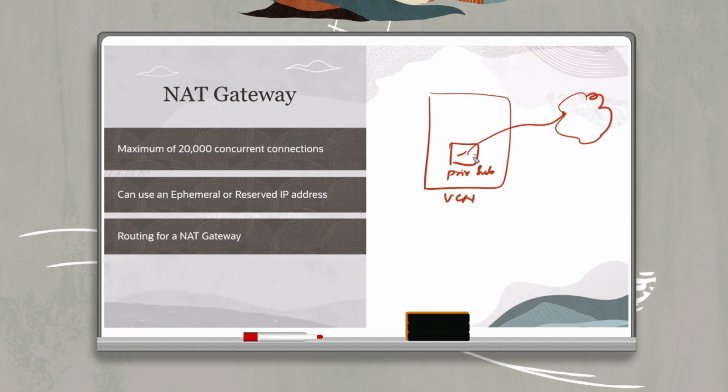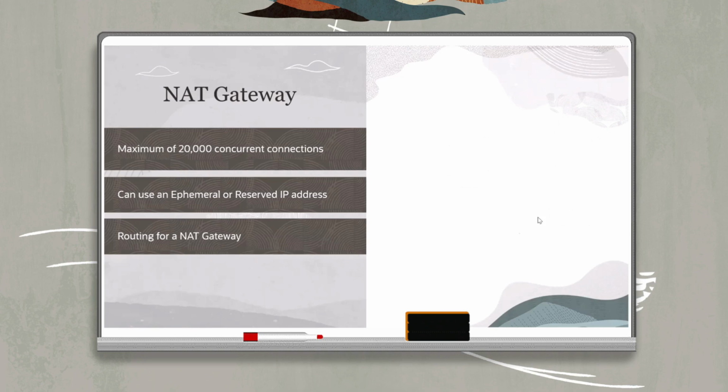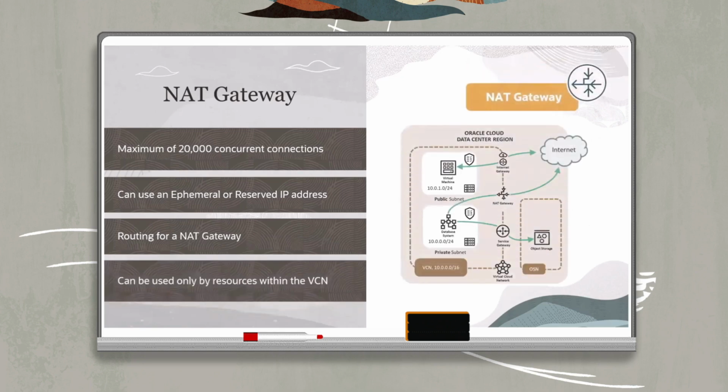So therefore, these subnets must be associated with a route table that has a route out to the internet through the NAT gateway. And then another key thing here is a NAT gateway can be used by only the resources in the gateway's own VCN. Now, this is very important.